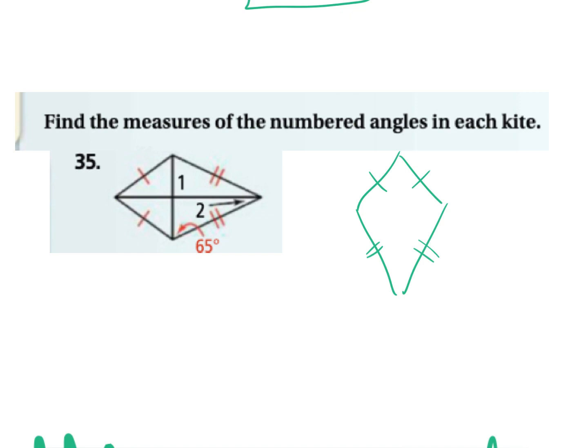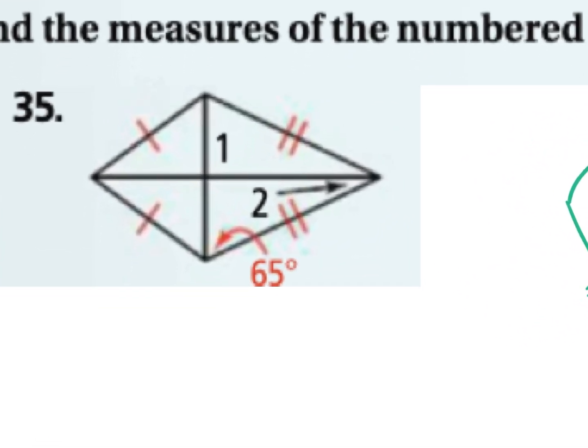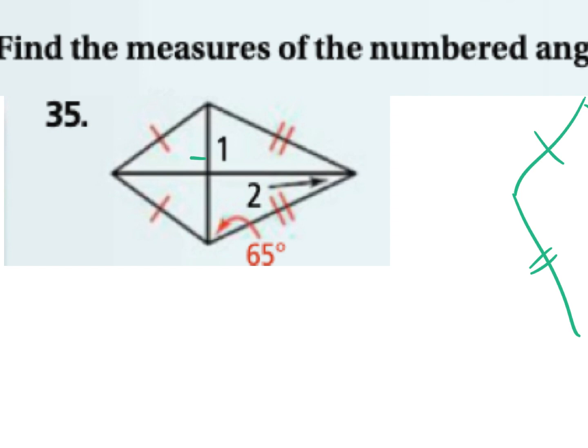What else do you know? The diagonals of a kite are perpendicular. So when you have a kite, just like a rhombus, these are all 90. So kites and rhombuses have perpendicular diagonals.